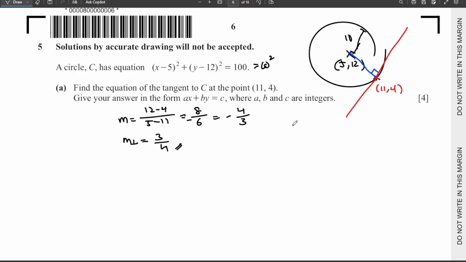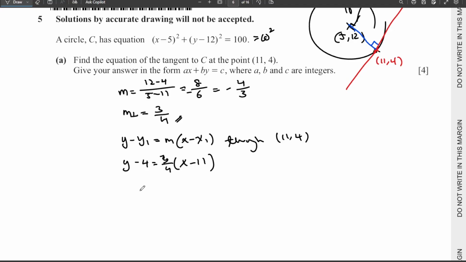And we want to find this line equation. We could use the point (11, 4) in y equals 3 over 4 x plus c, but maybe it's easier if you use this equation: y minus y1 equals m times x minus x1, going through (11, 4).